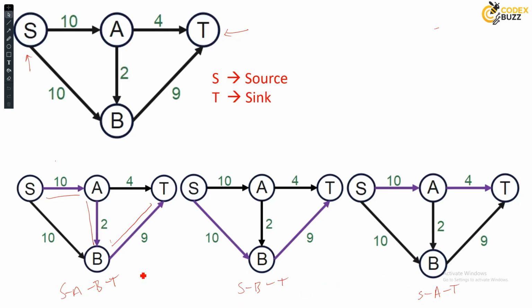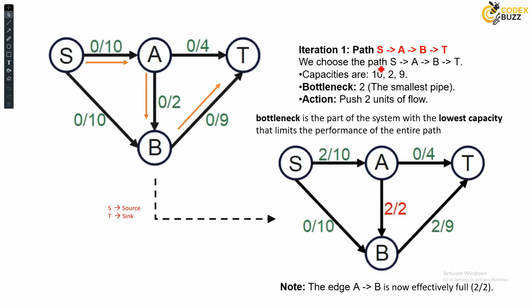So now let's take path 1. So the path here is S to A to B and B to T, right? मैंने red line से, orange line से represent किया था. Okay, for better understanding मैंने weights को 0/10, 0/2, 0/4, 0/9 and 0/10 जैसे represent कर दिया था.